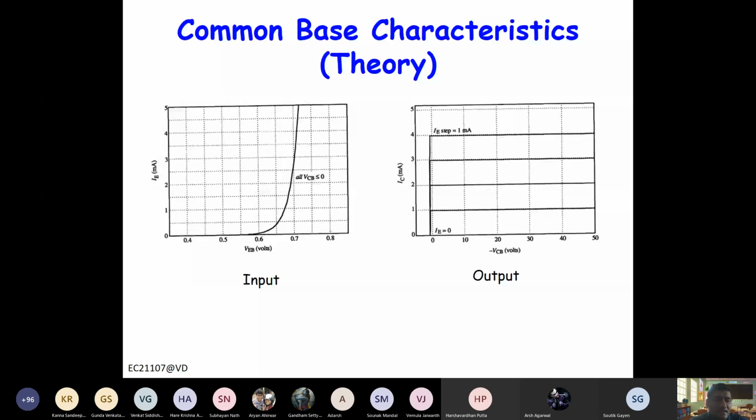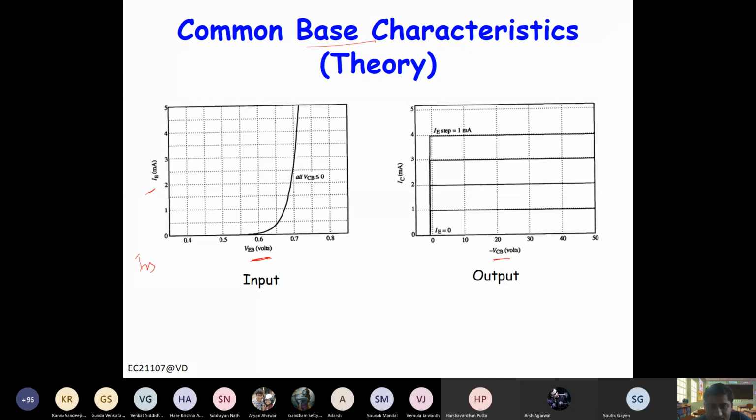So you can plot for common base characteristic IE versus VEB. Now these two curves will be the same whether you write IE versus VEB or IEB versus VEB; only the magnitude will be different. IEB will be less and IE will be more. And similarly the output characteristic IC versus VCB.